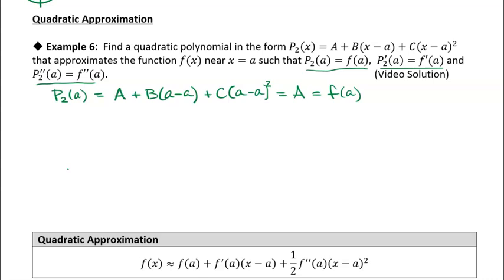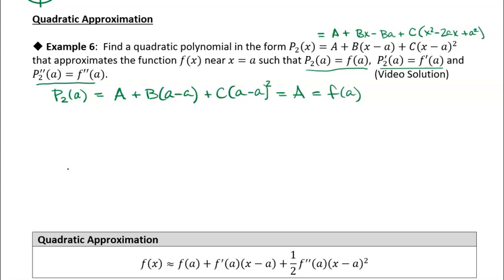Now we have to take the derivative, and it might be helpful to write this out, since it'd be easier to take the derivative if we distribute this. It becomes bx minus b times a, and then we need to FOIL this out, so we're going to get x squared minus 2ax plus a squared.